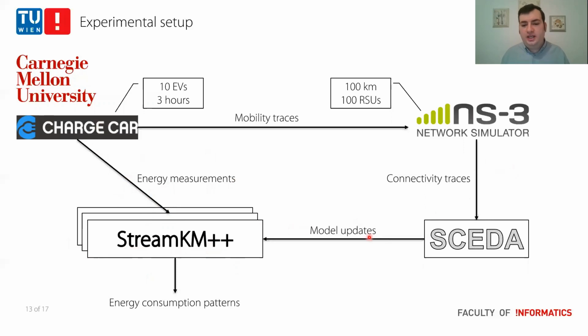Models are only updated by the decision taken by SCADA based on the connectivity traces. And the result of this cluster is energy consumption patterns. And this can be a very useful input to smart grids where charge planning can be optimized.